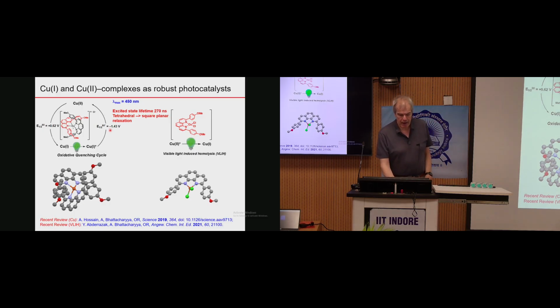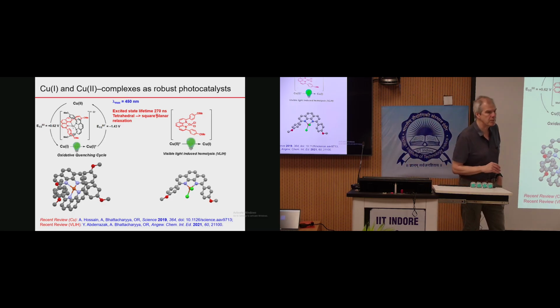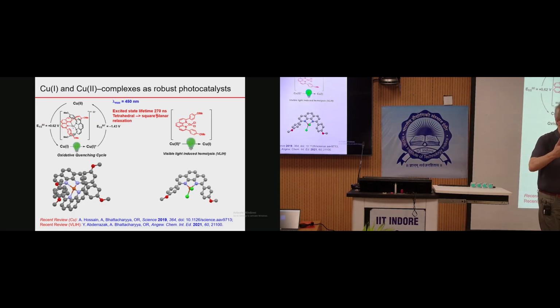And then at the same time, it is also pretty much clear why these excited state lifetimes are so short. Because if you do an electron transfer, you go from copper 1 and you give one of the electrons to the ligand, so to make a metal to ligand charge transfer, you go from copper 1 to copper 2.